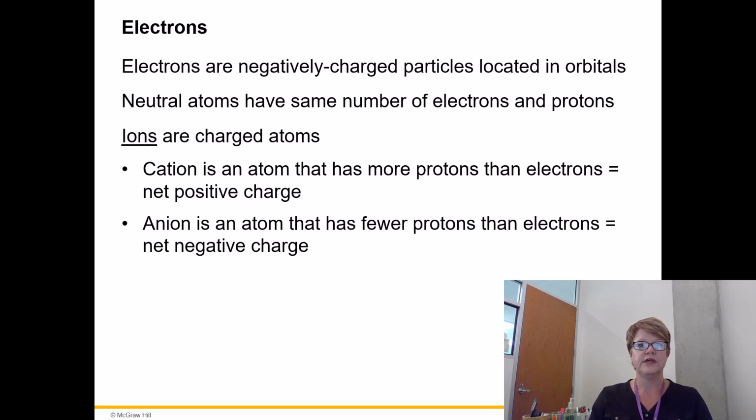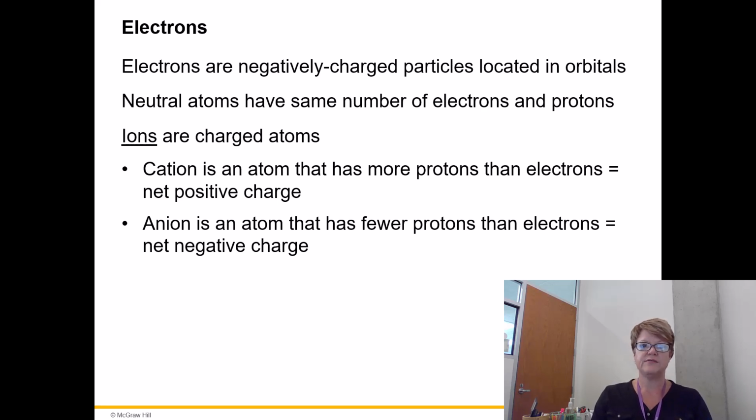For example, let's say you had an atom that had 8 protons, but only 7 electrons. It would have one more proton than electron. So 8 protons, 7 electrons. That means it would have an extra positive charge overall, 1 plus overall.